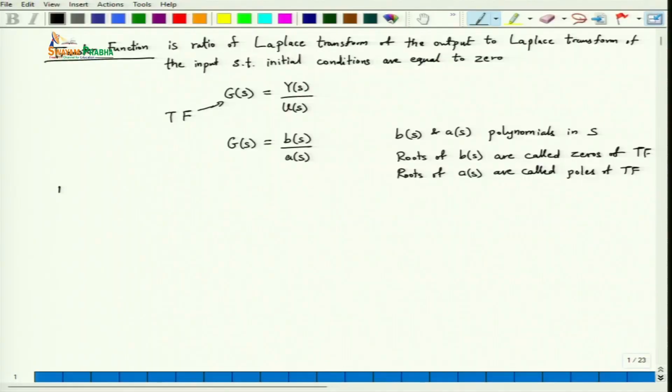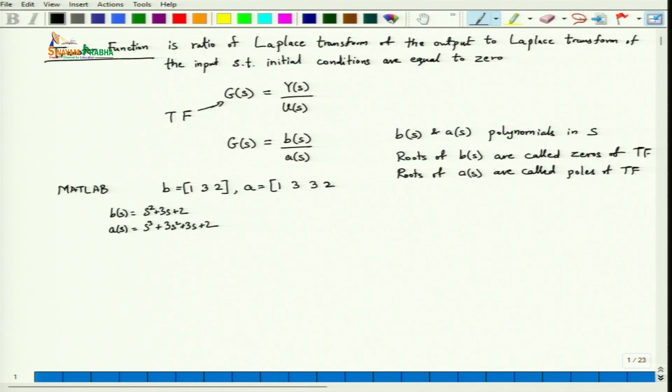Now, coming to how you would do this in MATLAB, what we would do is define the polynomials B and A. For example, say the polynomial B(s) is s square plus 3s plus 2, then we would express it as 1, 3, 2, and A(s) is s cube plus 3s square plus 3s plus 2, then it would be expressed as 1, 3, 3, 2.